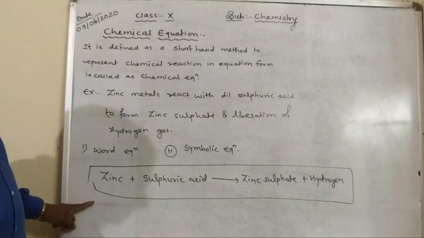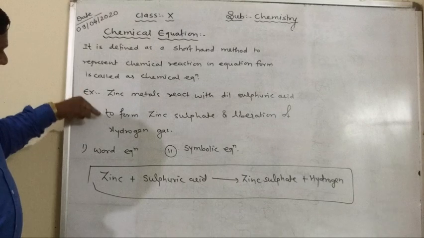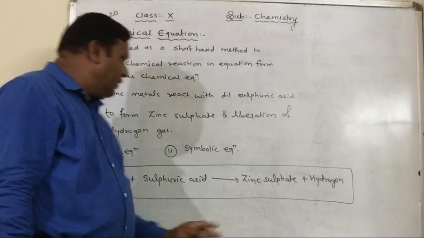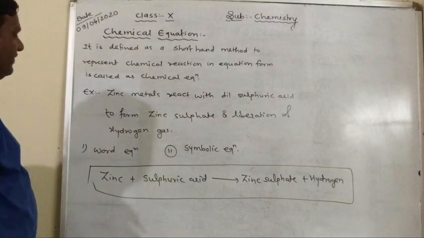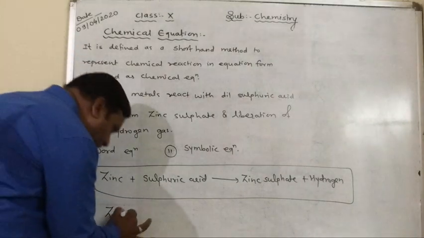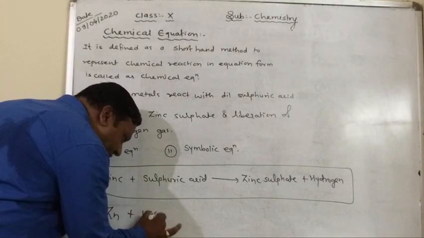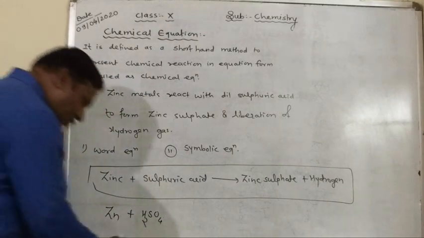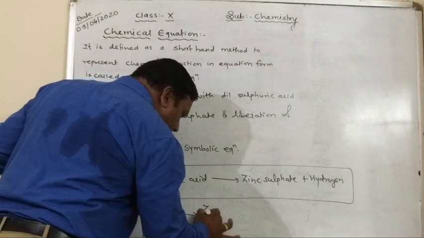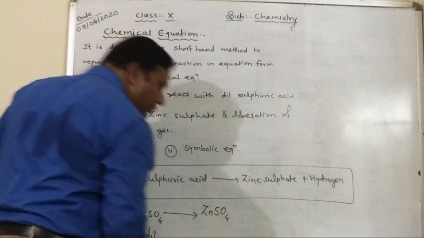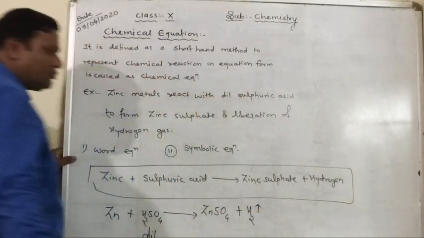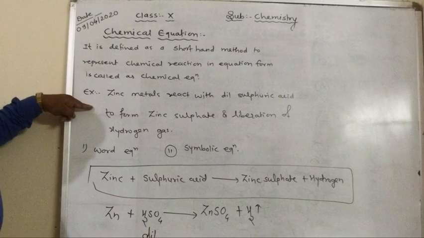So this is the word equation, but the same reaction we have to write in equation form. Now the symbolic equation: zinc is represented by the symbol Zn, sulfuric acid by the formula H2SO4. It is dilute, to form zinc sulfate ZnSO4 and hydrogen gas H2.